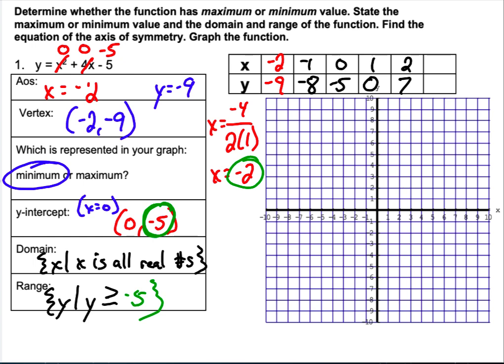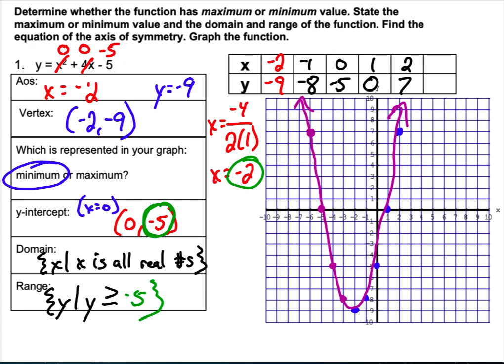So I'm going to start at negative 2, negative 9. Then I'm going to go negative 1, negative 8, 0, negative 5, 1 and 0, 2 and 7. And then remember, I can always do my mirror image on the other side. Okay. And then I simply draw my, kind of a sloppy line there.